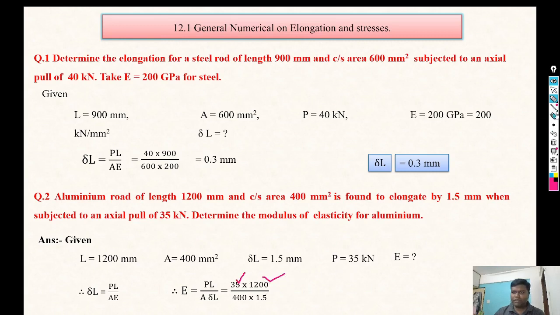Just put in all the values, you will get the answer, and E is 70 kilonewton per mm square. We have said that 1 gigapascal equals 1 kilonewton per mm square, so we can generally consider kilonewton per mm square equal to gigapascal. So 70 gigapascal. That is the second numerical.